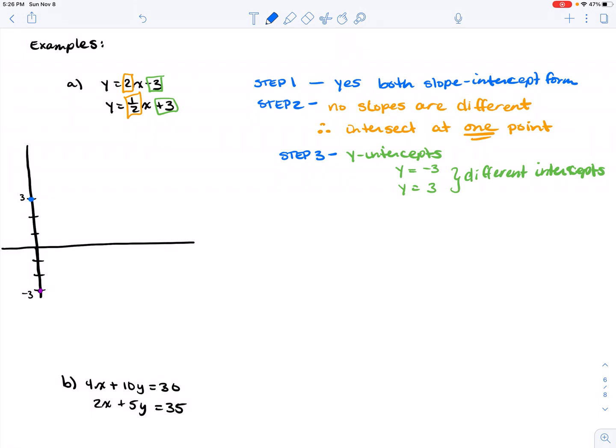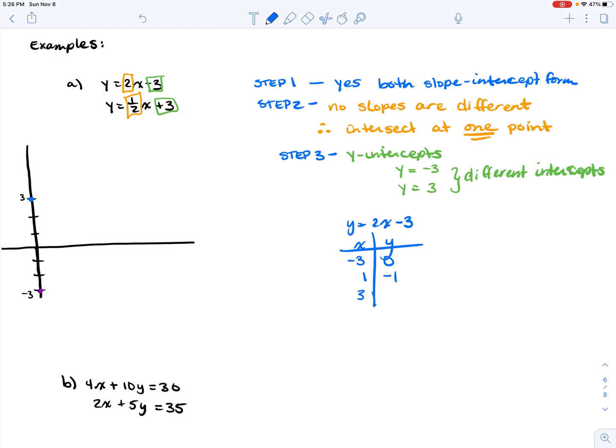So I know that the graph of y equals 2x minus 3 has a positive slope of 2. If I look at a table of x and y, I would get -3 at 0, and I know that because there's my purple point there. If I try 1, I get -1.